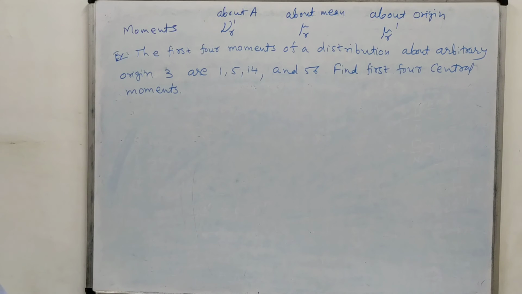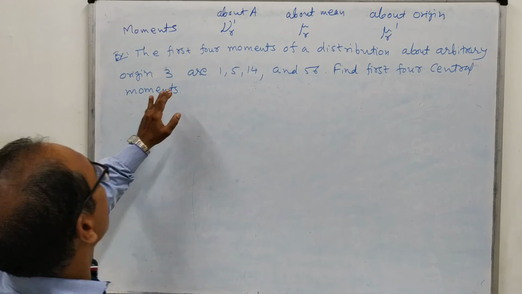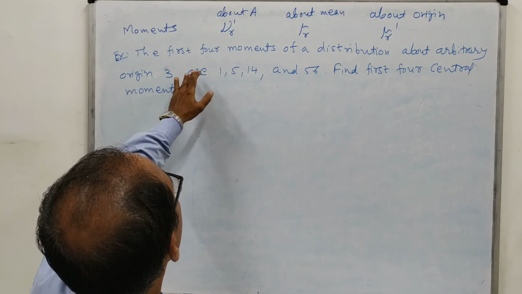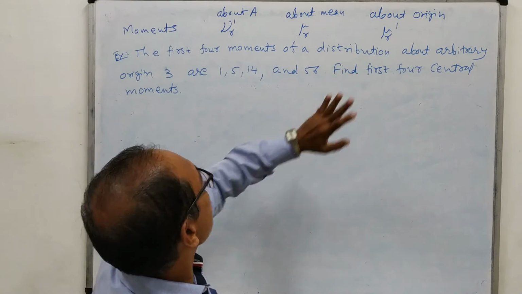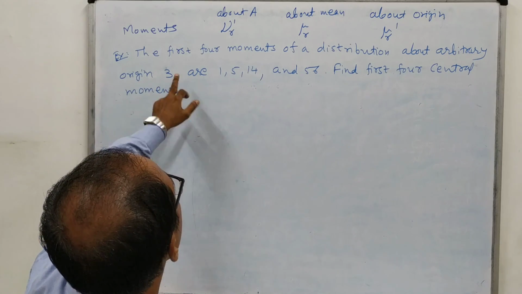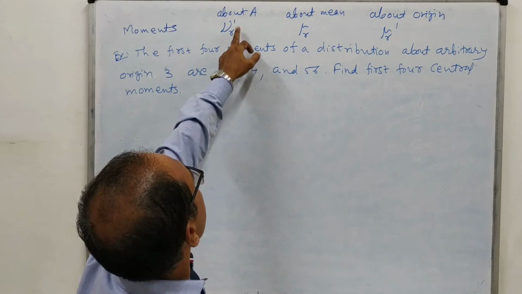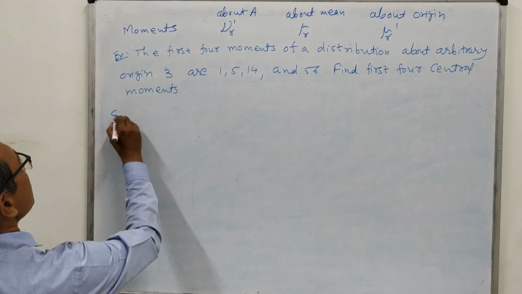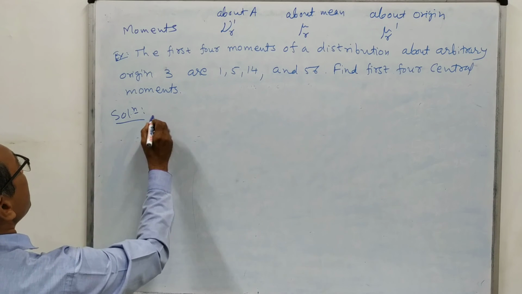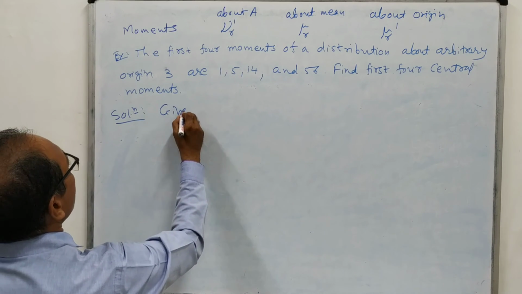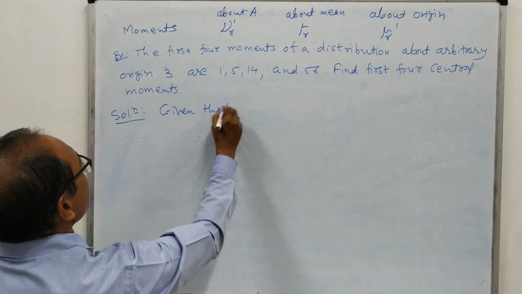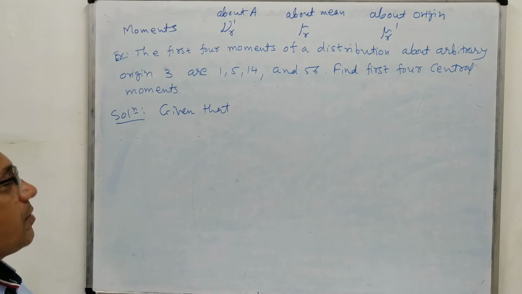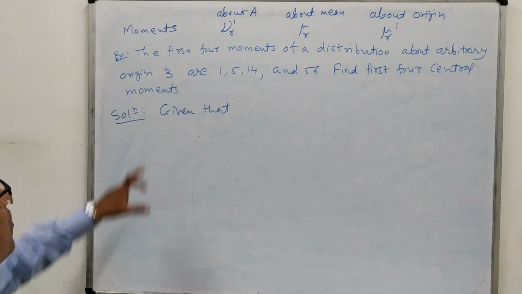So you must remember it. So here first we learn the question. The first four moments of the distribution about arbitrary origin 3 are given. That means we are given mu r dash. So in the solution process, you can always start with Given, to get 1 mark here, as I told you in the last semester also, that you can get 1 mark at least from the given data.